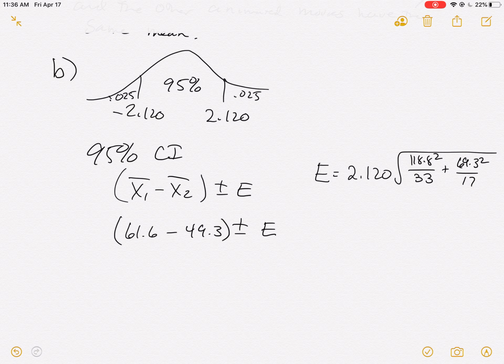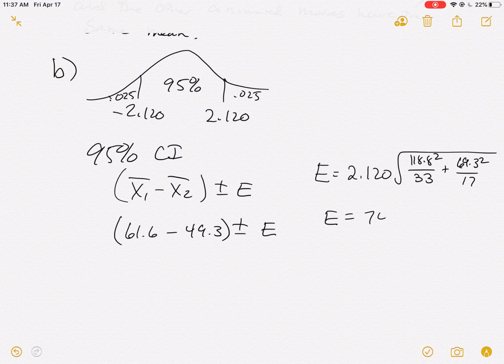We get 2.120 times the square root of 118.8 squared divided by 33 plus 69.7 squared divided by 17. And then we'll hit equals, and we'll get an error that's equal to, I must have made a mistake. Mine's really big, so I'm going to rework that and see if actually maybe it is that big.